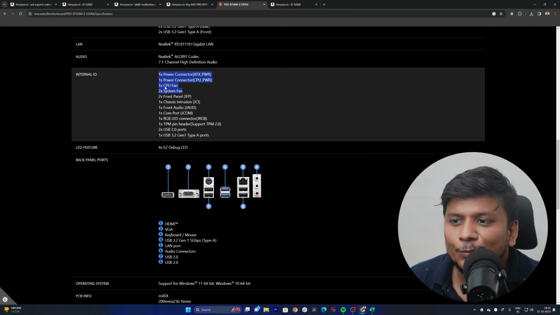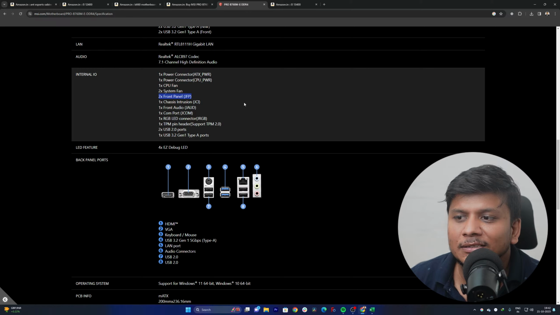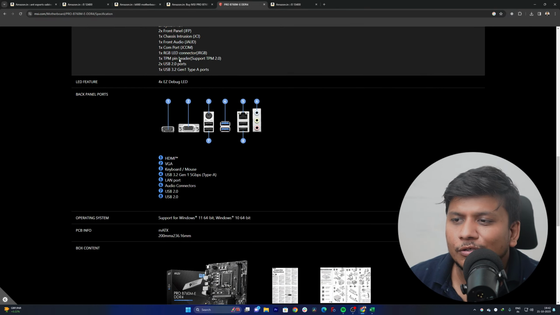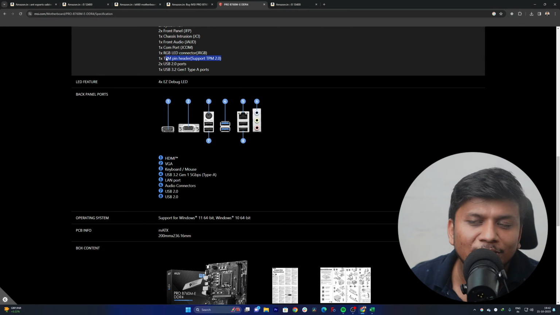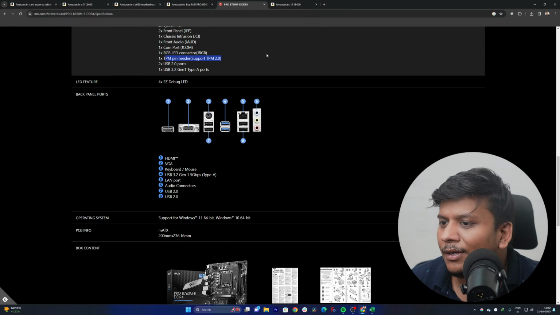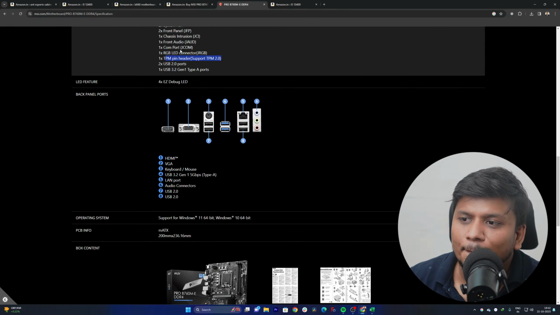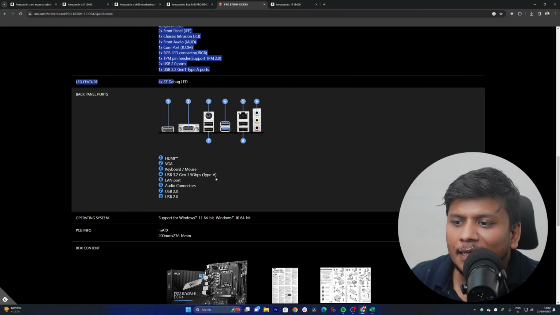Then there is a CPU fan, system fan, front panel. Obviously there will be chassis intrusion, front audio, COM port, all sorts of things. Obviously now we require TPM 2.0 to install Windows 11, so this board is Windows 11 compatible as well, which obviously it needs to be. So it has got all kinds of bells and whistles, I would say.